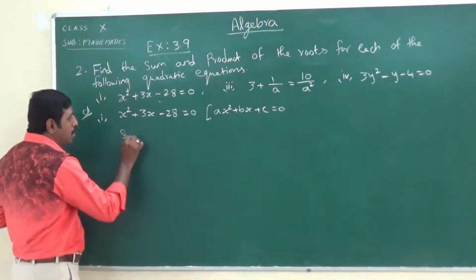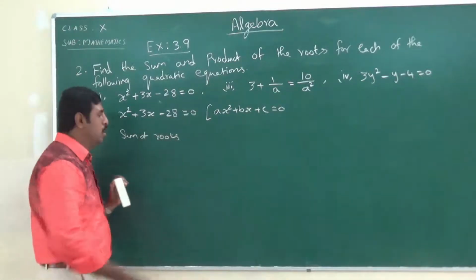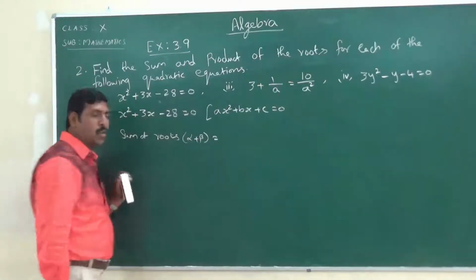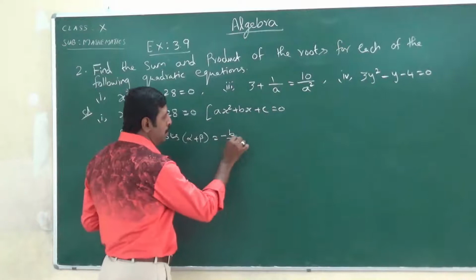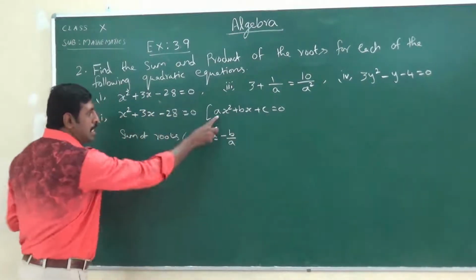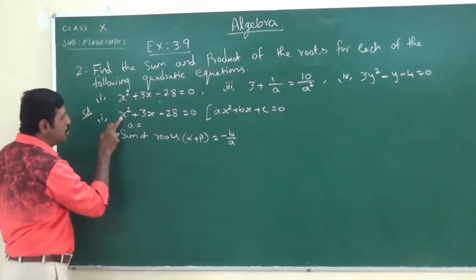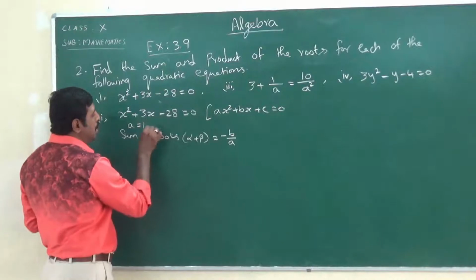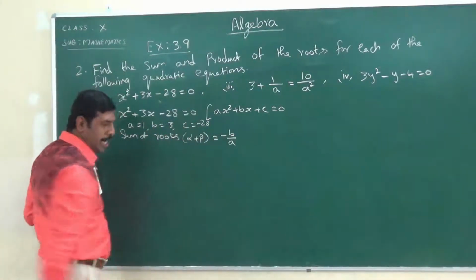The standard form of a quadratic equation is ax square plus bx plus c equal to 0. Here a is the coefficient of x square, b is the coefficient of x, and c is the constant term. We want to find out the sum of the roots and the product of the roots. Sum of roots means alpha plus beta, and alpha plus beta is equal to minus b by a. Here a, the coefficient of x square, is 1, b is equal to 3, and c is equal to minus 28.